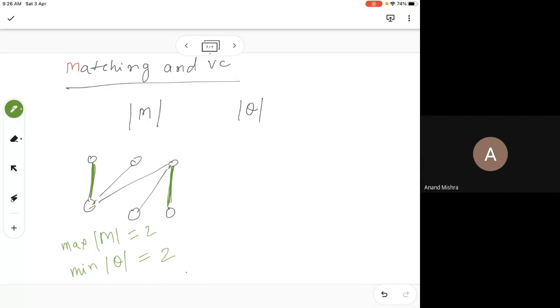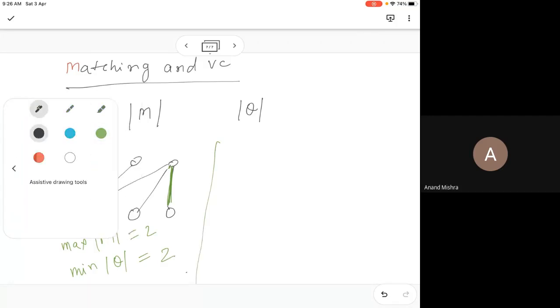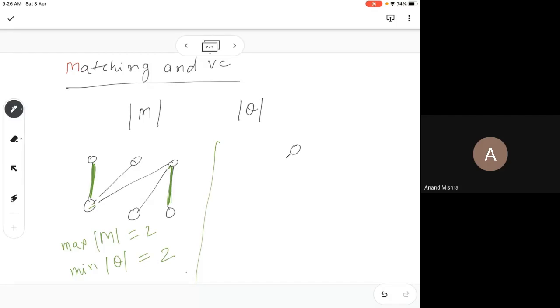Okay. In the other example, in the G2 example, we said that minimum Q is 3. What is the maximum matching possible?